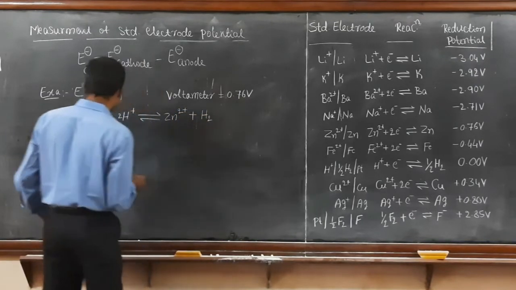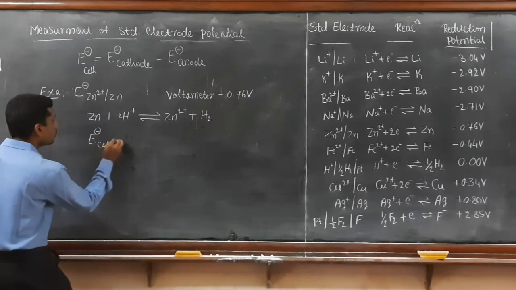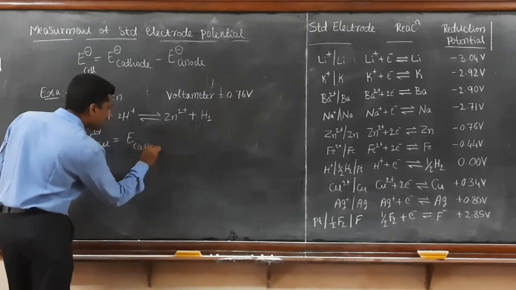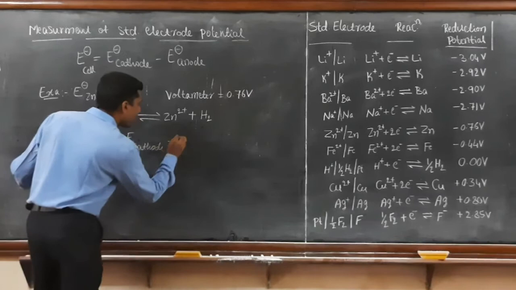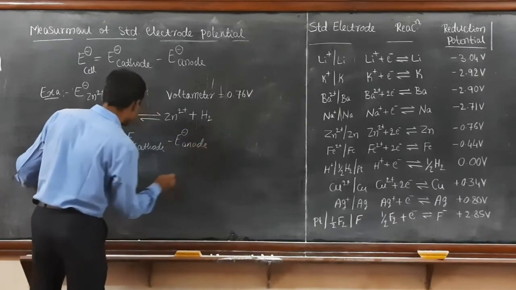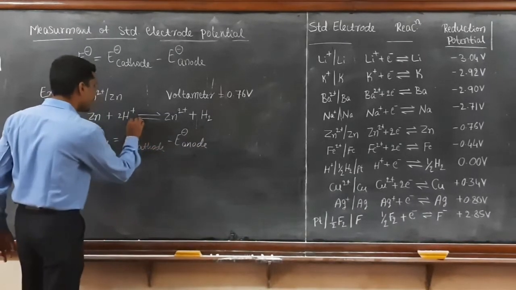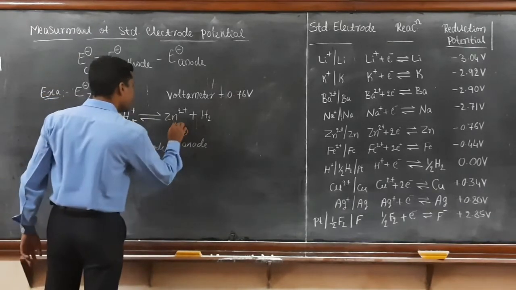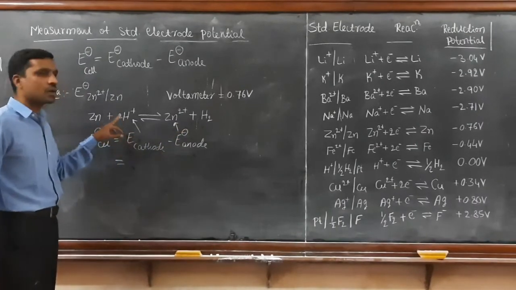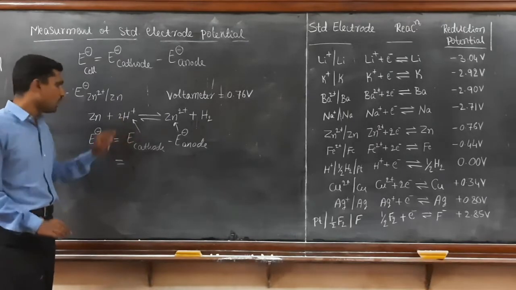So the EMF of a cell is equal to EMF of cathode minus EMF of anode. Here the anode is the zinc electrode, because zinc will undergo oxidation, and the cathode is the standard hydrogen electrode.